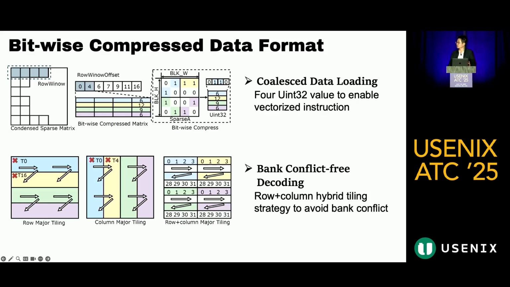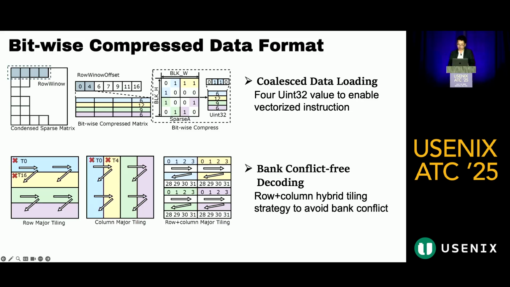So a full 16 by 8 sparse matrix becomes a 128-bit BMAC. This actually perfectly fits into four 32-bit integers, which means that we can load all of this at once using a vectorized LDG.128 instruction. It is fast, efficient, and coalesced.